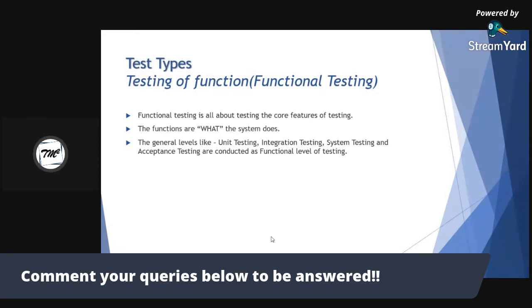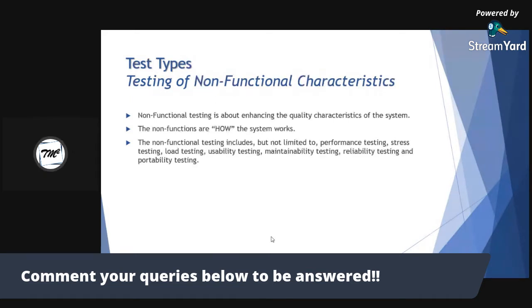So when you talk about any such quality characteristic of an application, you make it non-functional. When you talk about functional, you check the core functionalities without which an application is not complete at all. You put it across to the non-functional levels if it is enhancements of an existing application. So once the application is built, you want it for non-functional features like compatibility, configuration, performance, security, load testing, stress testing.